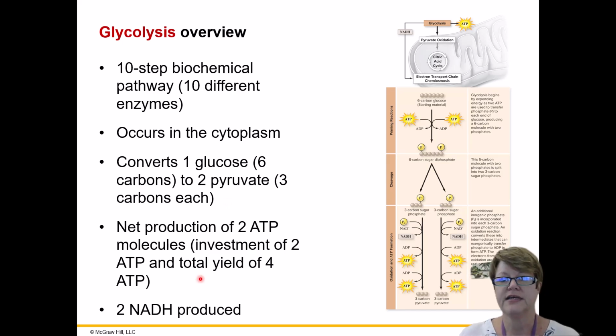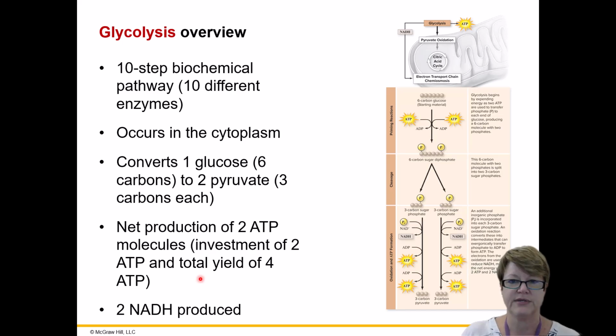In this process, directly as a part of this process, there's a production of what we know as ATP. You remember ATP is the preferred energy currency of the cell. We say there's a net production of 2 ATP molecules. And the reason we say net production is the cell actually uses up 2 ATP initially.